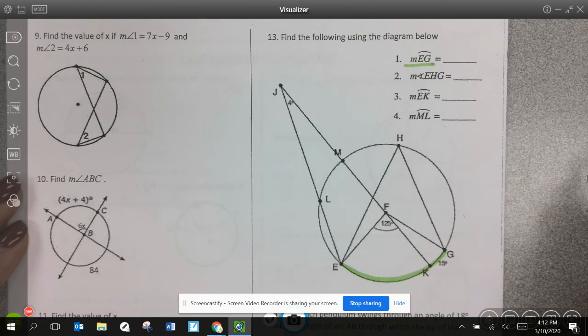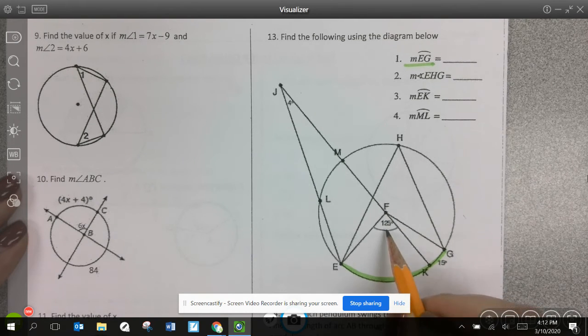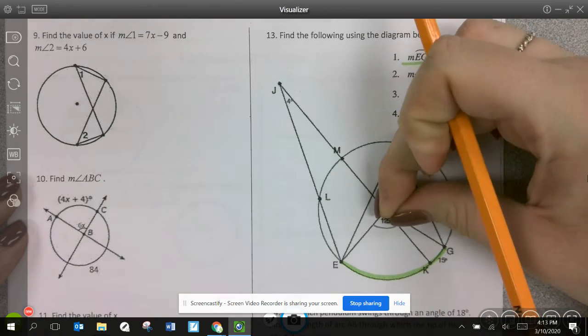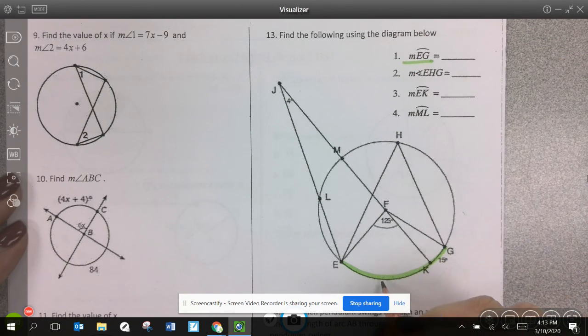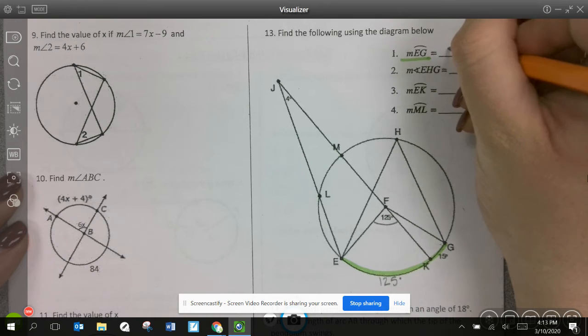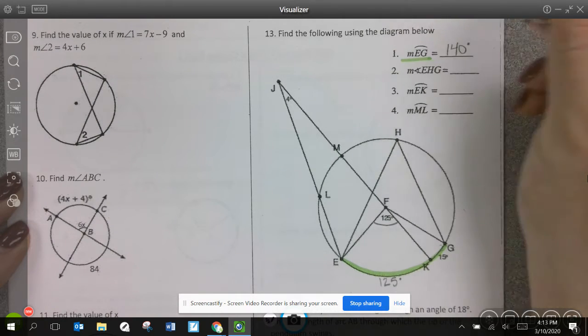It's a central angle, so this angle is going to be equal to the arc that it creates. So EK is 125. That helps make up arc EG. So this is 125 plus the 15 degrees to get me to G. So 125 plus 15 gives me 140.